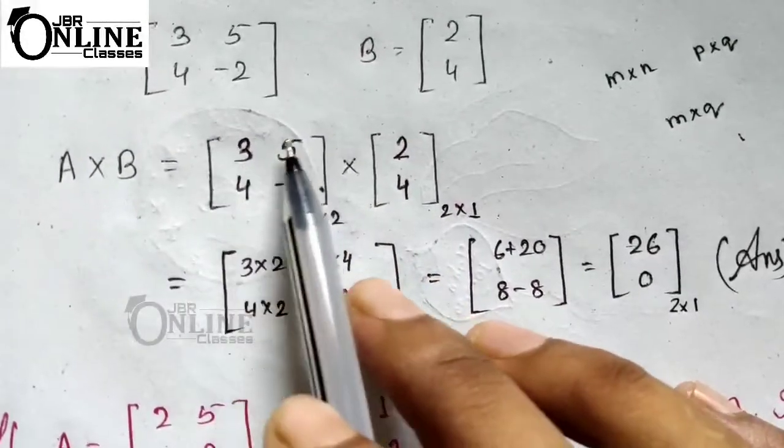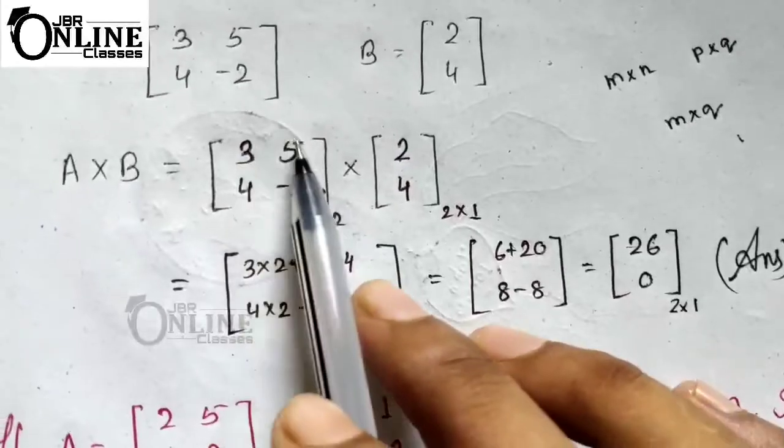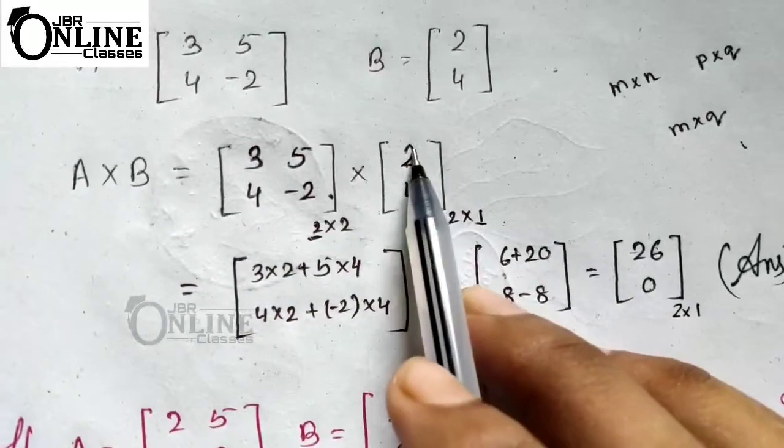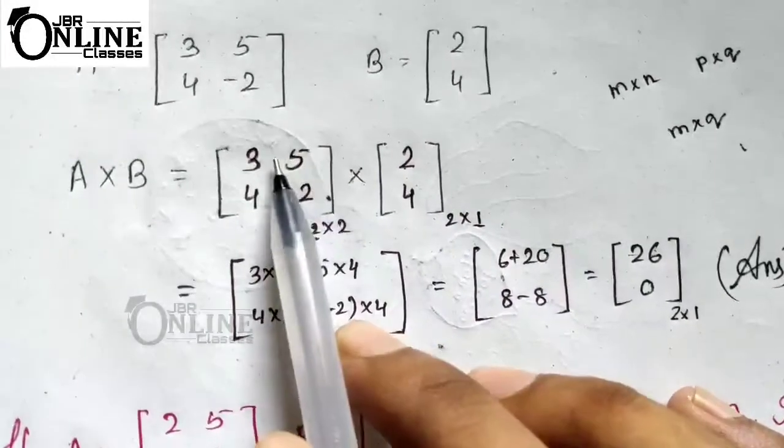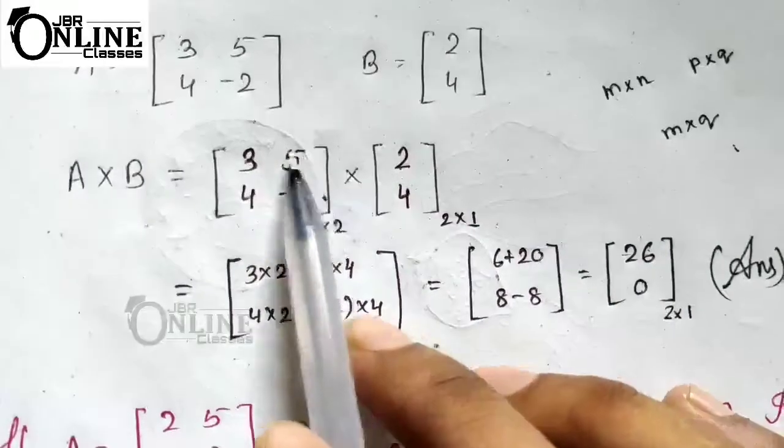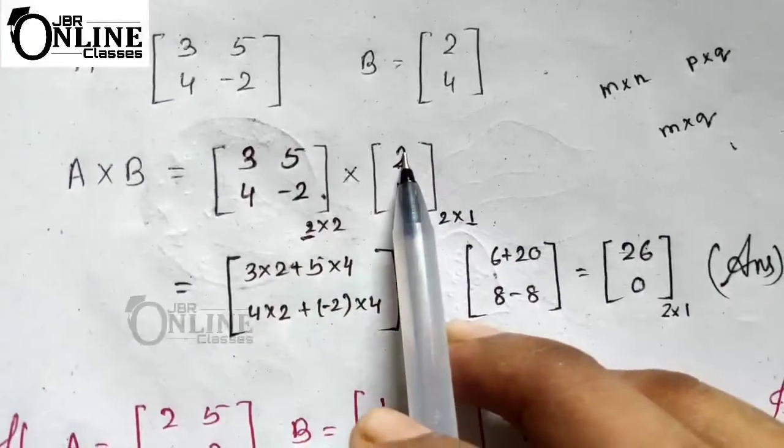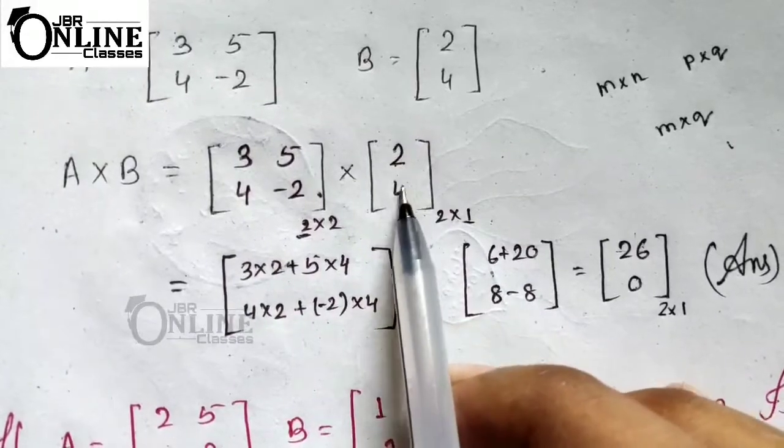So here 3 and 5 are the two elements in the first row, and here the first column. You have to consider the first row of the first matrix, and from the second matrix you have to consider the first column.